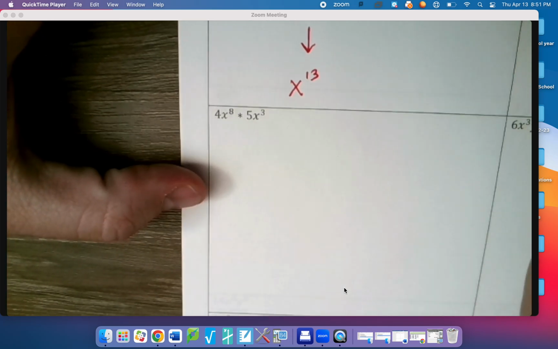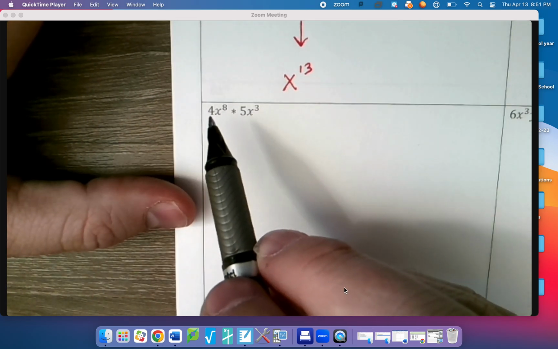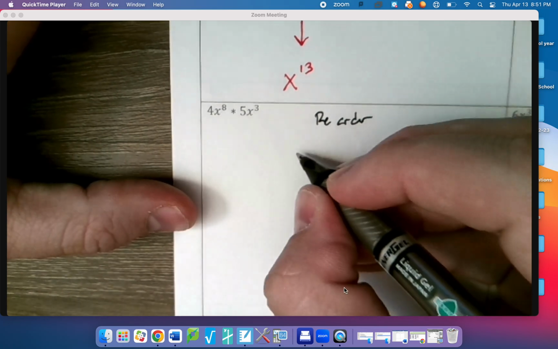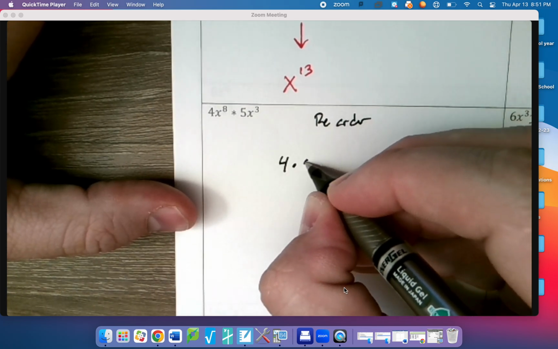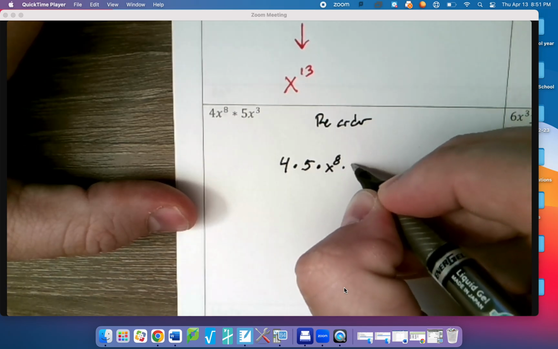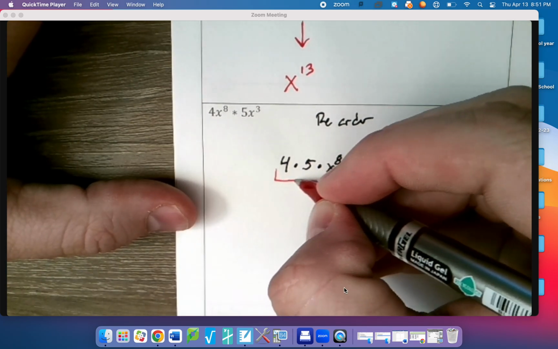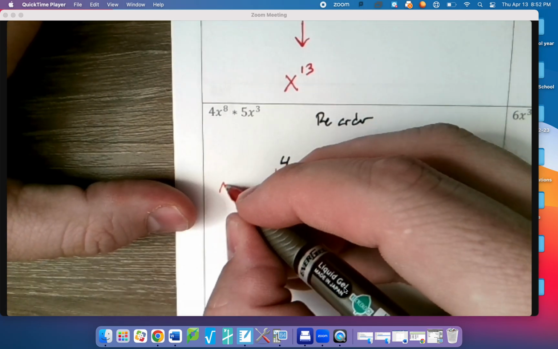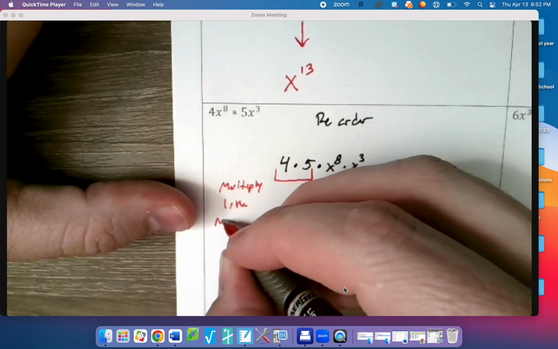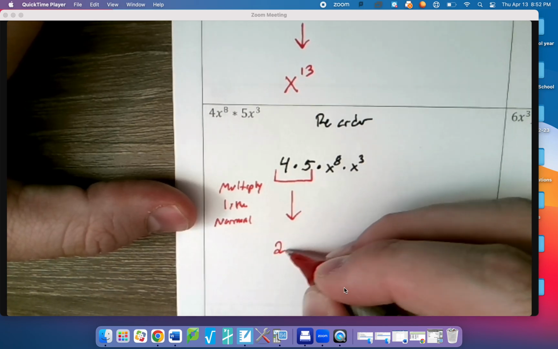On a problem like this, at first glance it looks like, oh no, they're not the same bases. But if we reorder the problem, we have 4 times 5 times x to the 8th times x to the 3rd. And all we do right here is multiply like normal. 20.